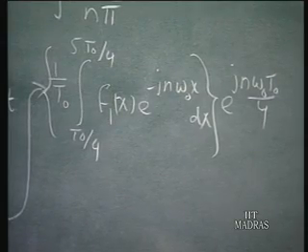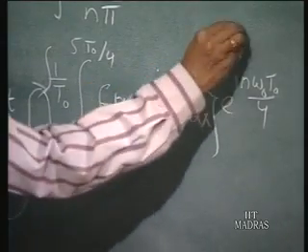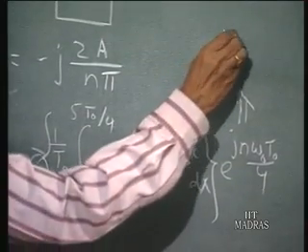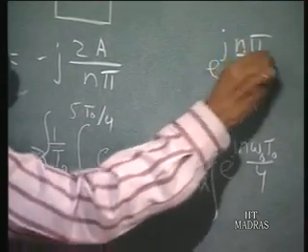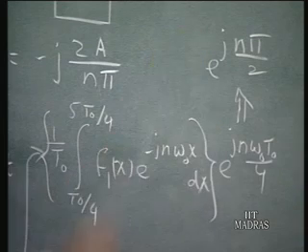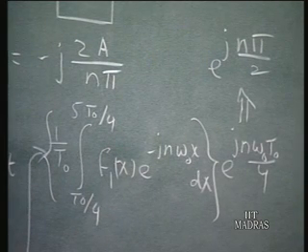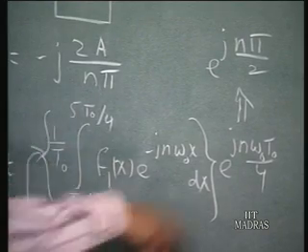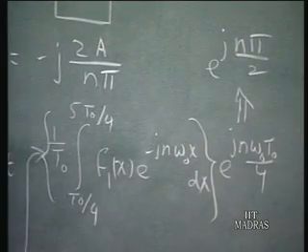E power jn omega naught t naught upon 4 is of course e power jn pi upon 2, because omega naught t naught equals n pi upon 2.